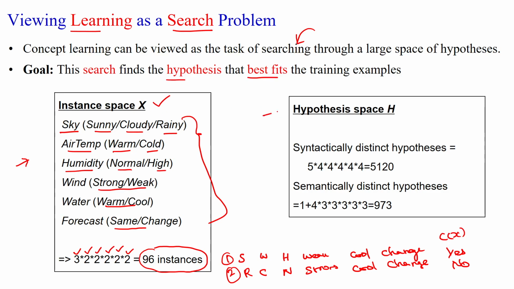Then we have to search the hypothesis space. What is the count of possible hypotheses in this hypothesis space? There are two different kinds of hypotheses. One is the syntactically distinct hypothesis, another one is the semantically distinct hypothesis. In the syntactically distinct hypothesis we may have two more different attribute values. Here for sky we have three different values: sunny, cloudy, and rainy.